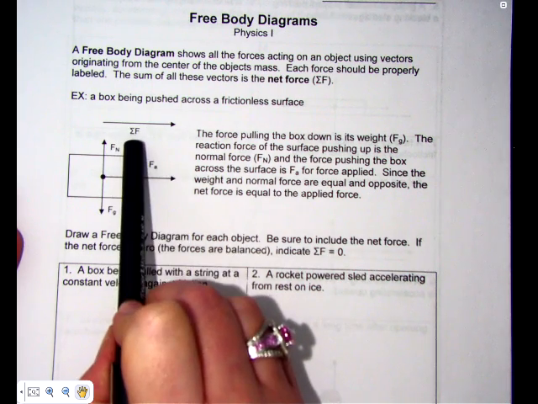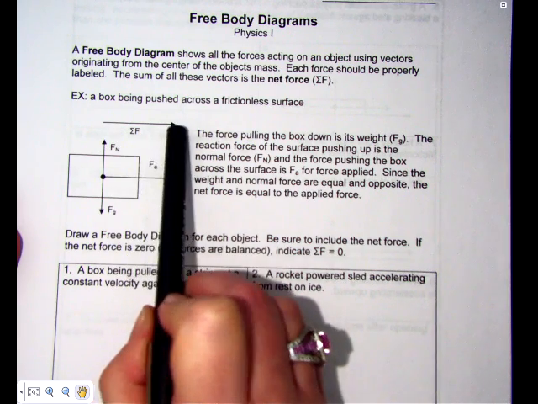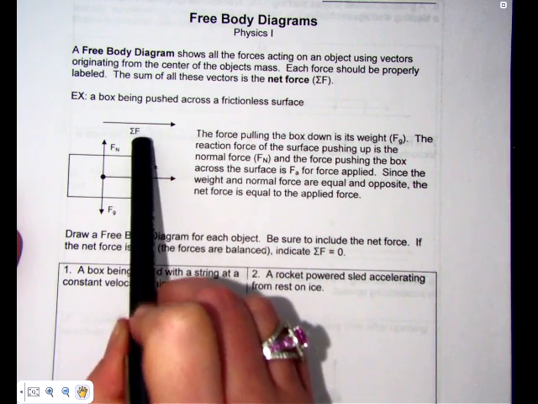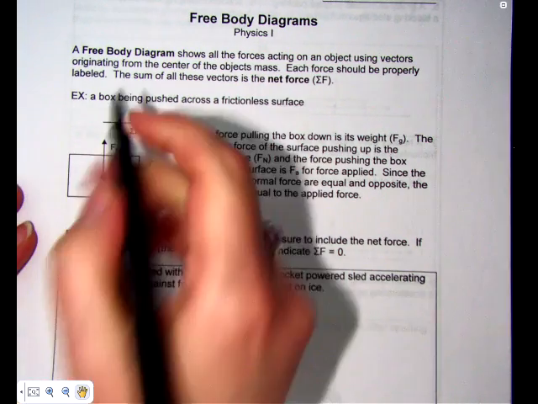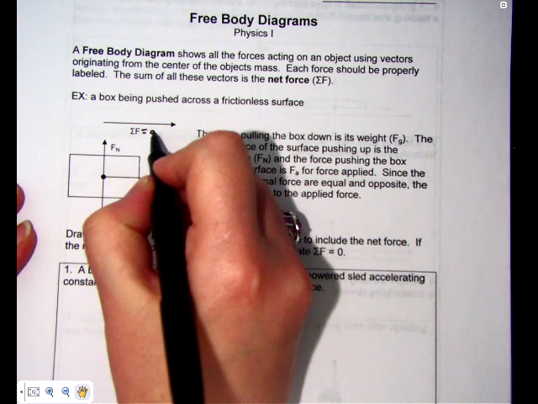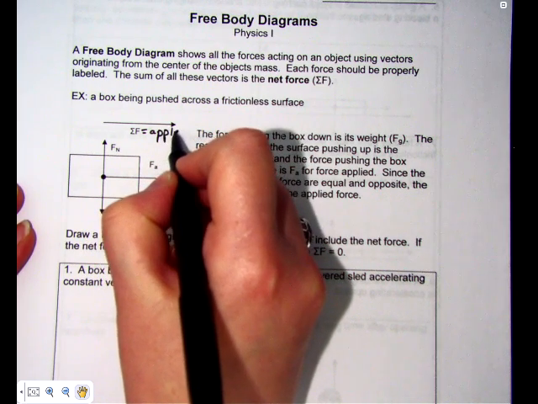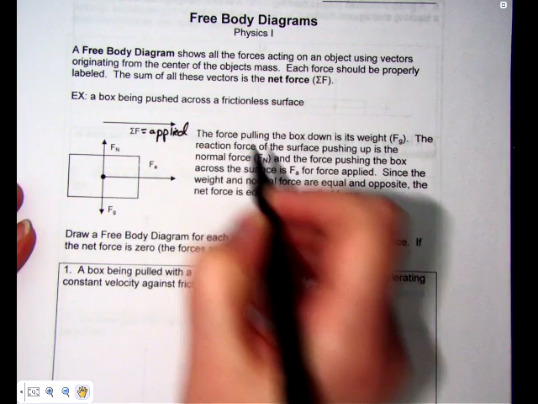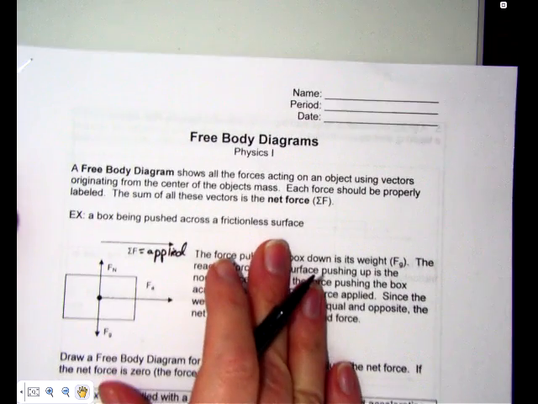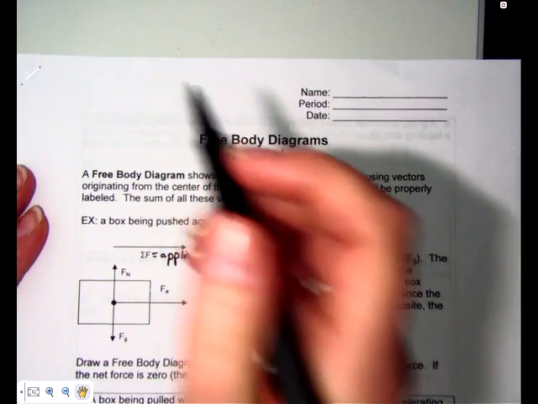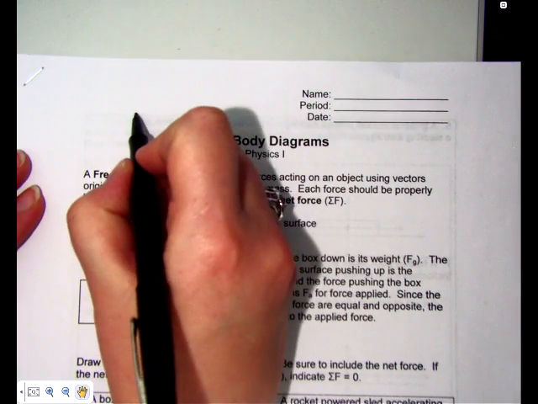So here they drew an arrow to the right and wrote the sigma F. I prefer to write sigma F is equal to the applied force.